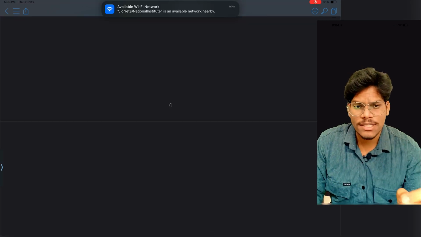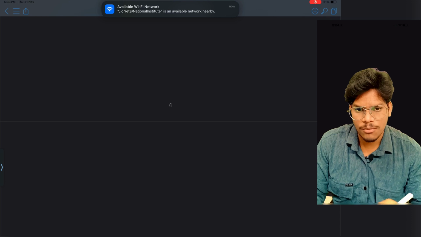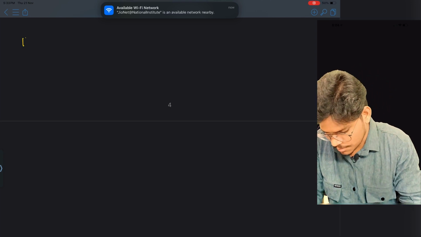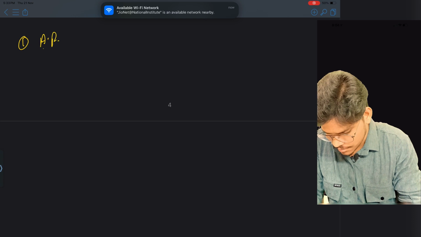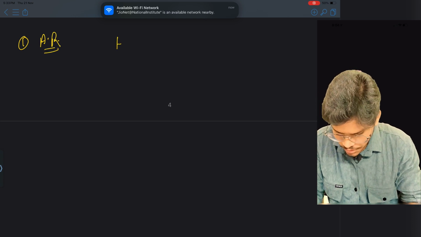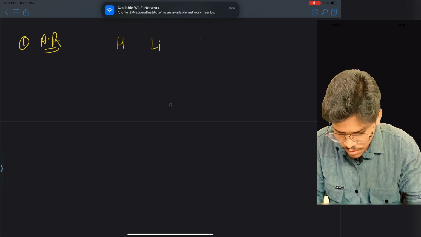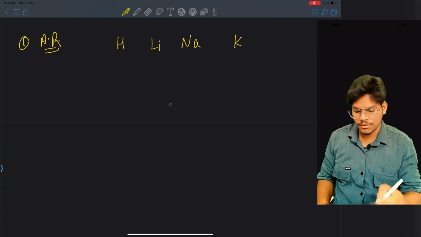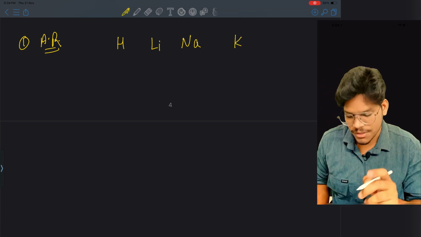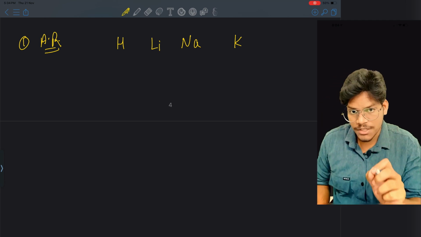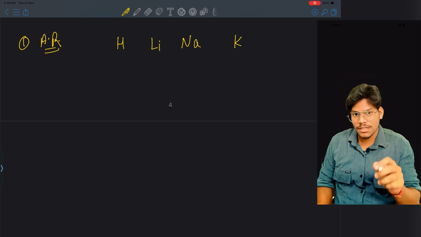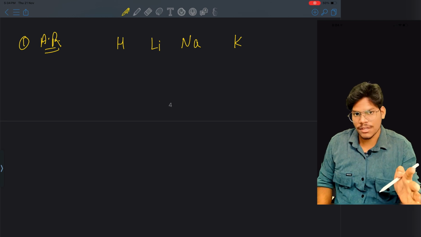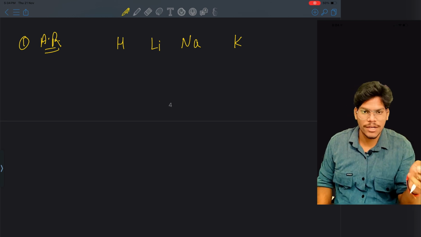Okay, so let's take examples of the different trends in periods and groups one by one. First one is atomic radius: hydrogen, lithium, sodium and potassium. So what will be the trend? Atomic radius increases when we go from top to bottom in a group, and decreases from left to right in a period.